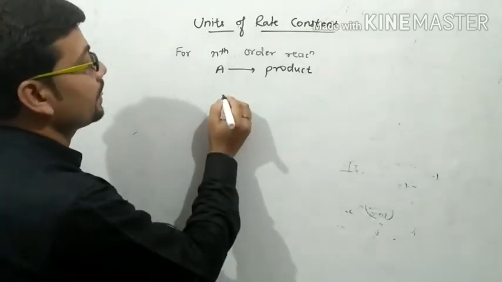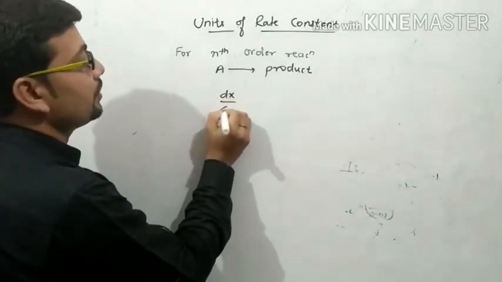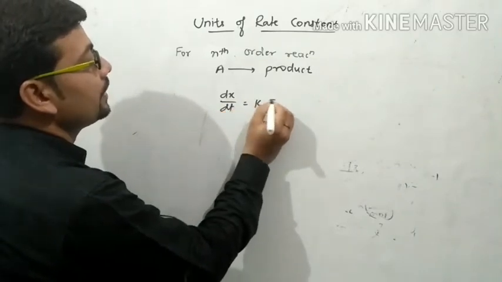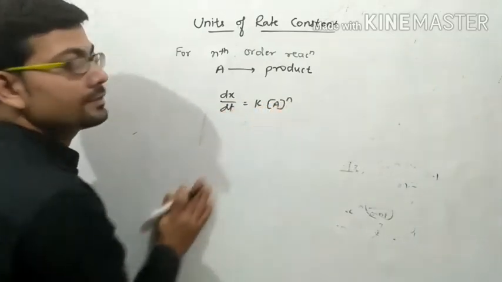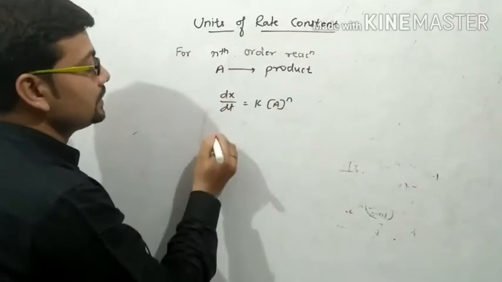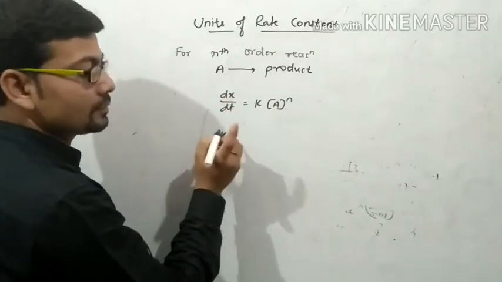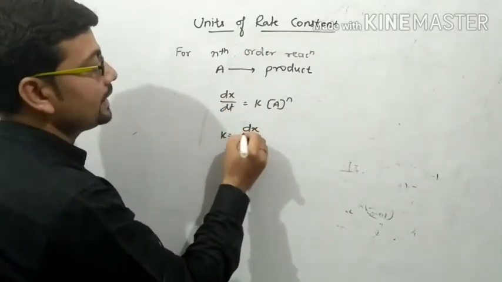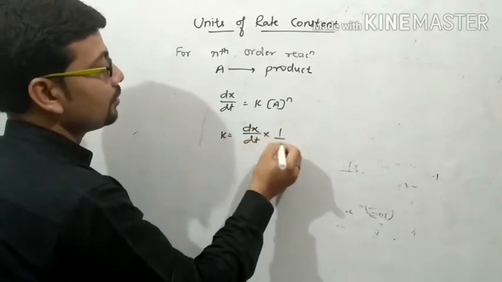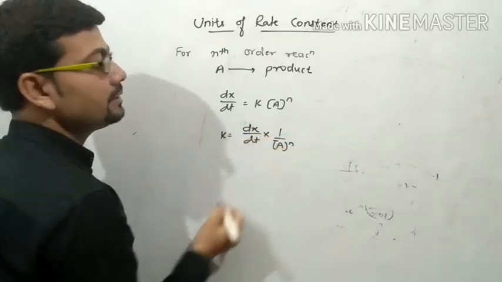As you know, dx upon dt is equal to k a to the power n, right? Now k is equal to dx by dt into 1 upon a to the power n, right?